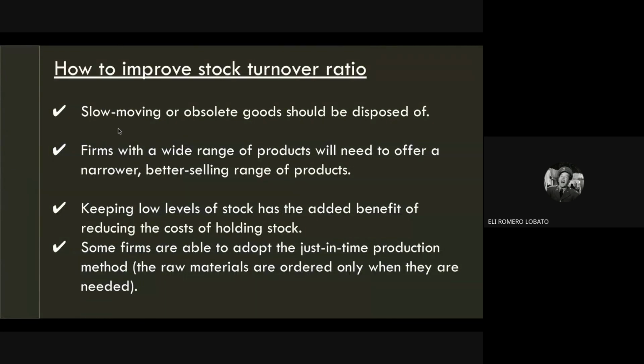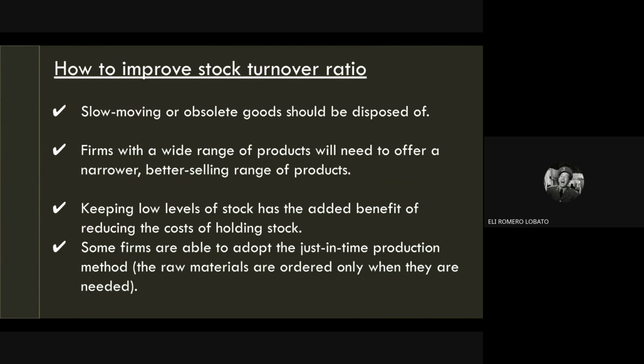And the last, how to improve stock turnover ratio. Slow moving or obsolete goods should be disposed of. Okay? Firms with a wide range of products will need to offer a narrower, better selling range of products. A variety about this, okay?